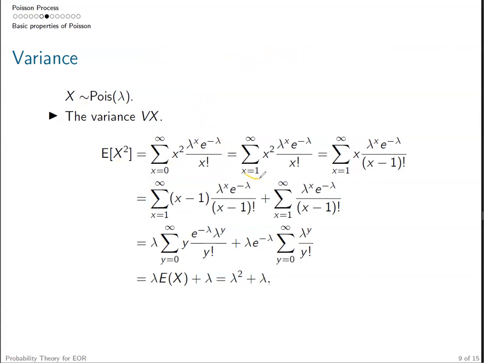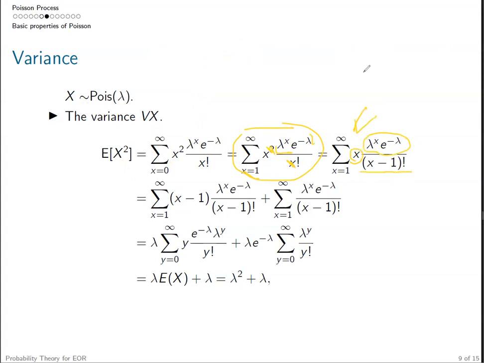Again, we're going to start with 1, because when x equals 0, it's just 0. Now we cancel one x here and one x in the factorial. What's left in the factorial will be x minus 1 factorial, and here is x. Here is still one x left, and we have lambda to the power x times e to the power minus lambda.